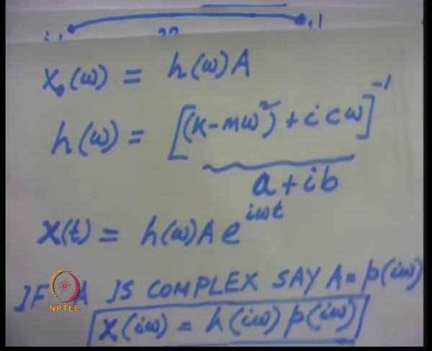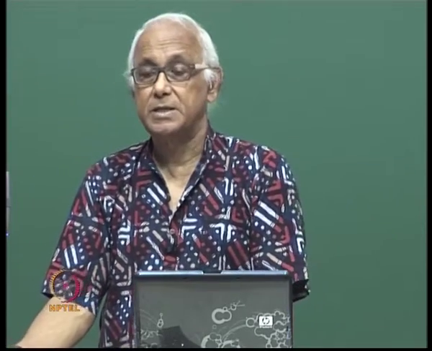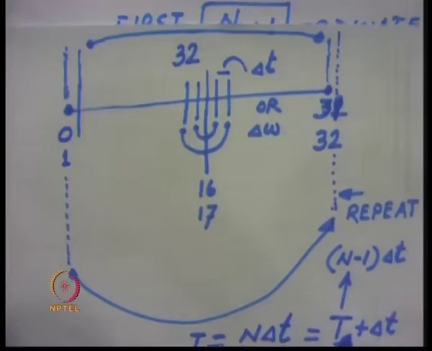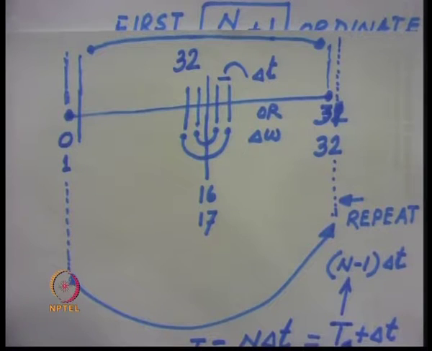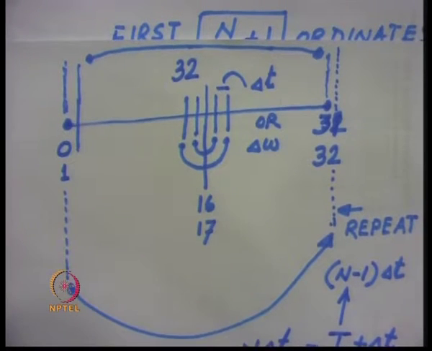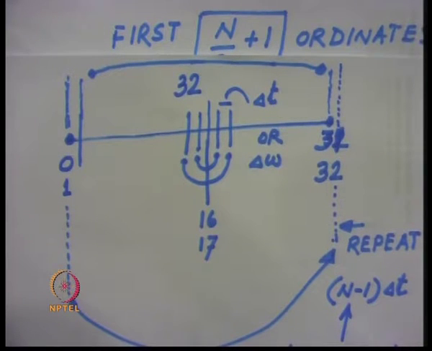So, with this background, now we will try to explain the frequency domain analysis of the single degree of freedom system for a specified ground motion. For that, first we will use the FFT for finding the frequency contents of the ground motion.